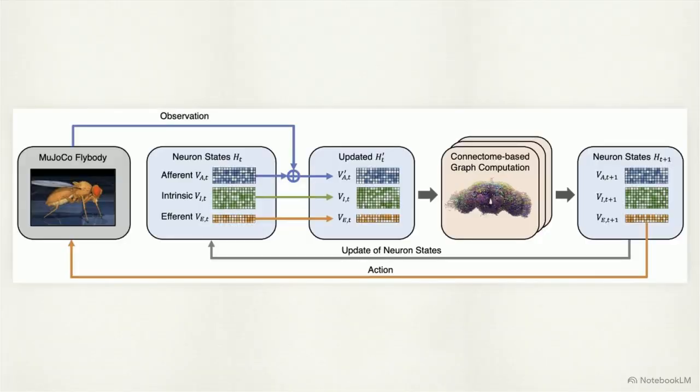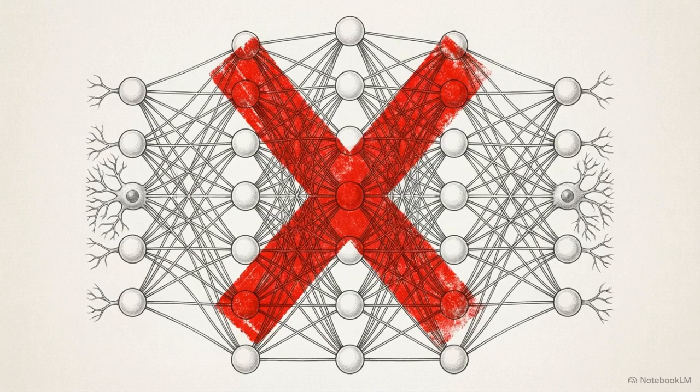Starting from the MuJoCo fly body, physical observations are projected into the blue afferent neurons. Signals then propagate through the green intrinsic neurons via verified biological synapses before the orange efferent neurons output physical torque back to the fly. Crucially, the researchers allowed zero artificial architectural search or structural tuning during this process.